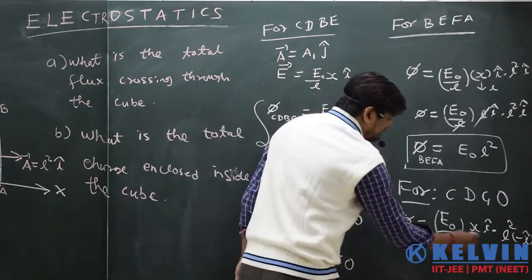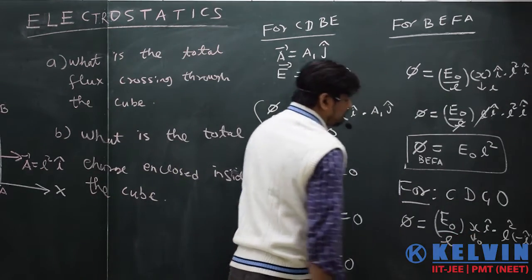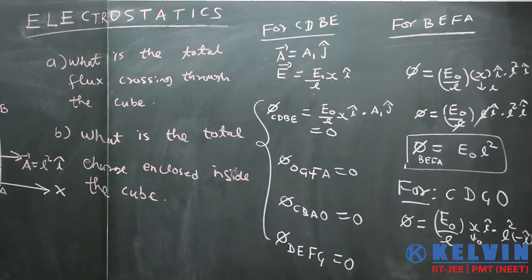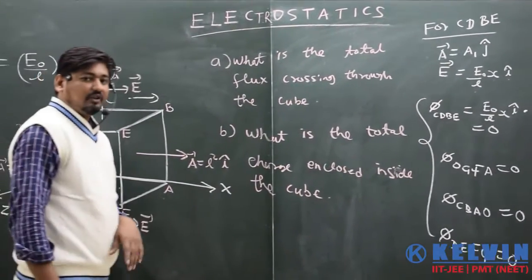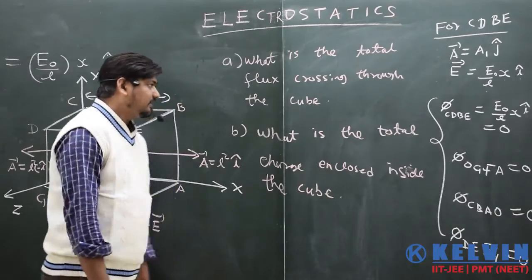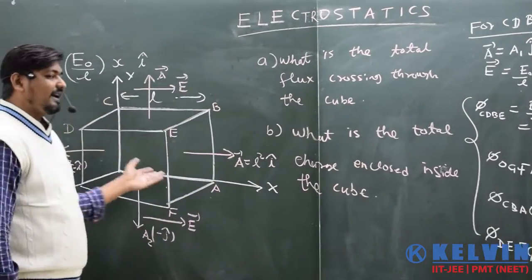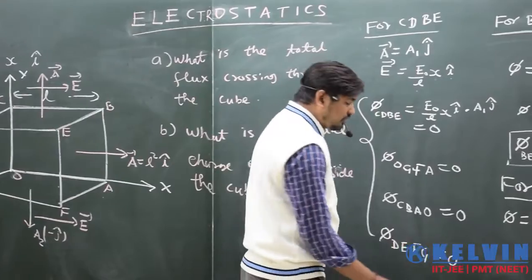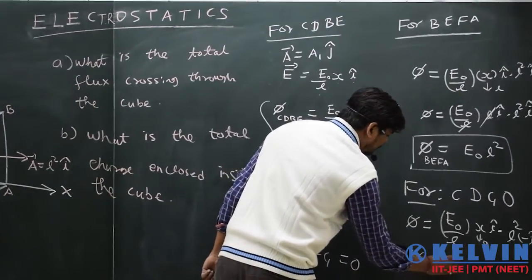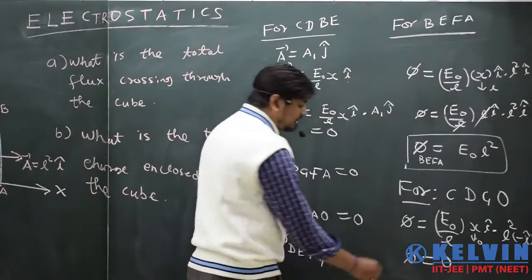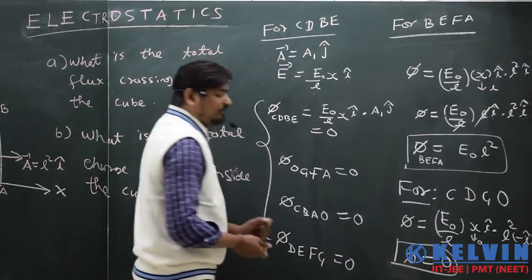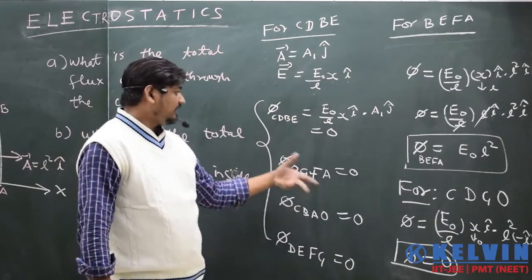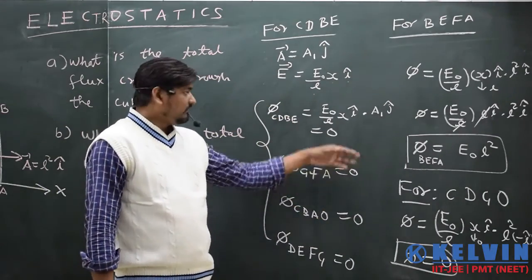So here, what is the x coordinate? You can very clearly see that this face is located at the origin itself. So for this particular face, you can very easily say x equals 0. So when you write x equals 0 here, phi will be equal to 0 for this particular surface. So out of 6 surfaces, the 5 surfaces have 0 flux associated with themselves.